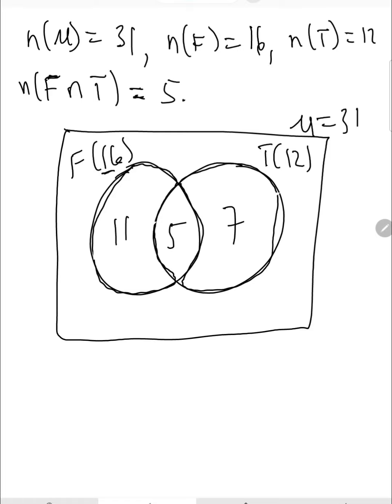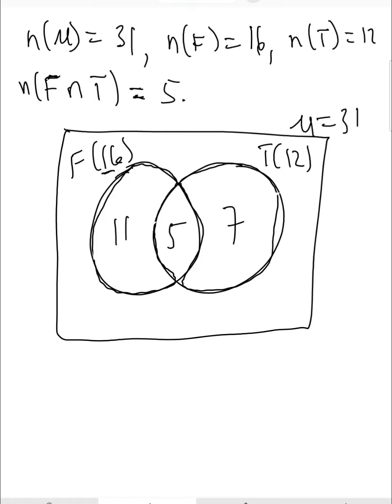Okay, so that's it. Now we have to find the number of students who play at least one of the games, and those who play none of the games.